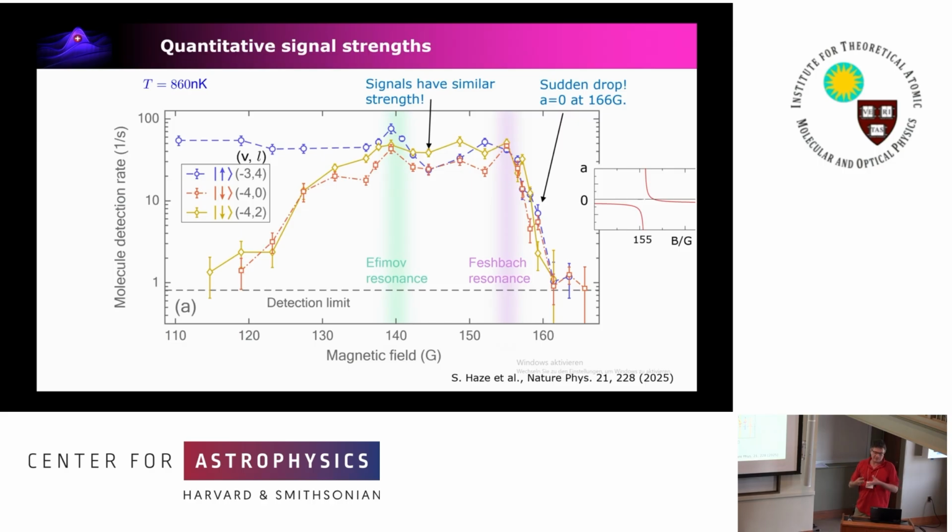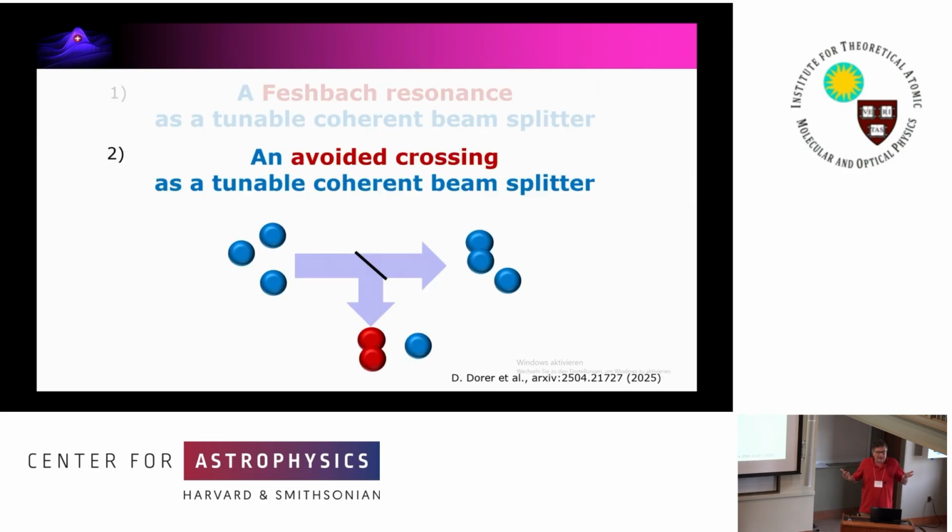When the scattering length vanishes, the recombination signals normally are also very small. So that's how this is explained. In the end, this is how this Feshbach beam splitter works: with the help of a magnetic field, you can create some other spin states in the output of your reaction.